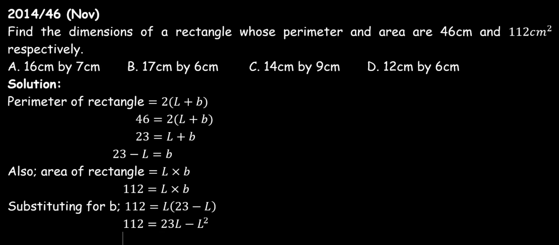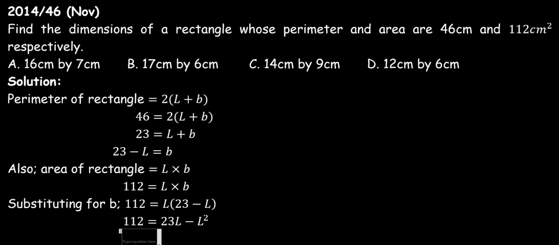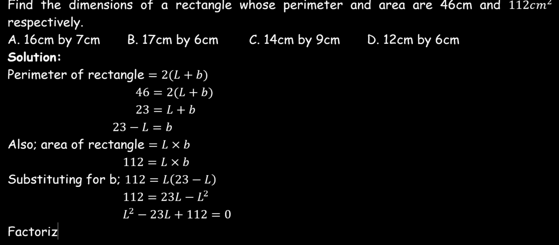Rearranging, we have a resultant quadratic equation, which is L squared minus 23L plus 112 equals to 0. Factorizing, we look for factors of plus 112 that will give us, when added together, minus 23. And that is minus 16 and minus 7.